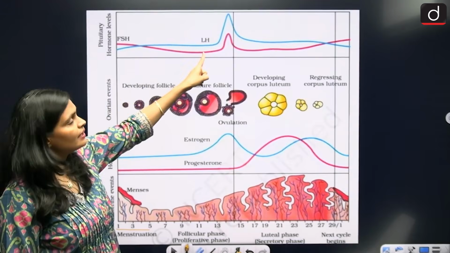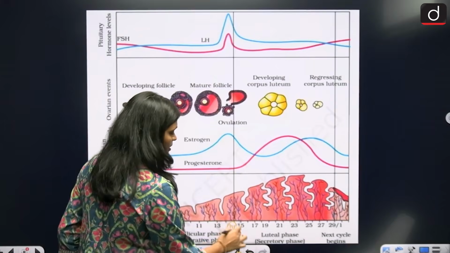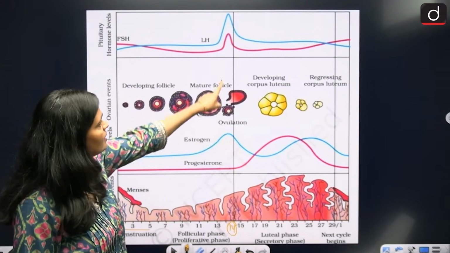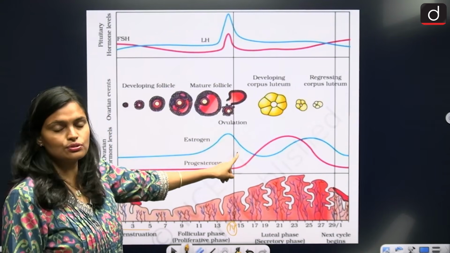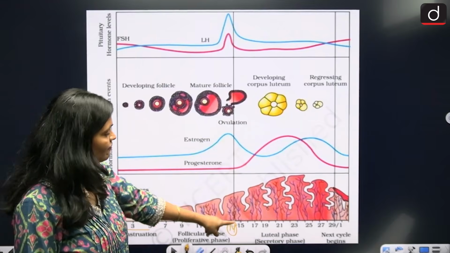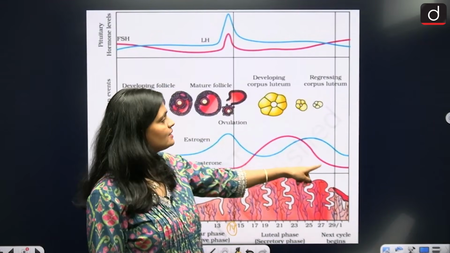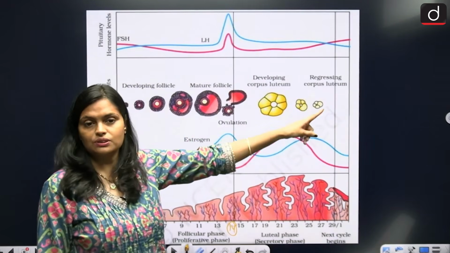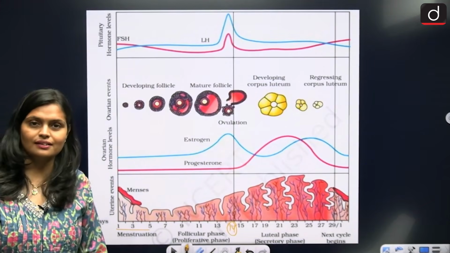LH and FSH start rising. At the 14th day, there is a sudden rise in the LH and FSH, ovulation, and estrogen also rises. After that the endometrium gets thickened, progesterone is released, the corpus luteum degenerates, and the level again goes down. So these are the changes that take place in the menstrual cycle.